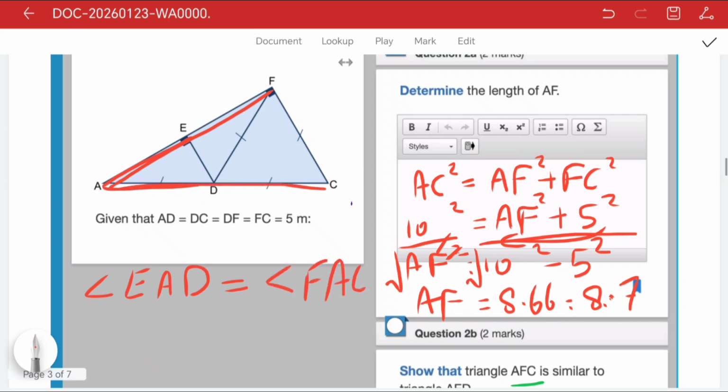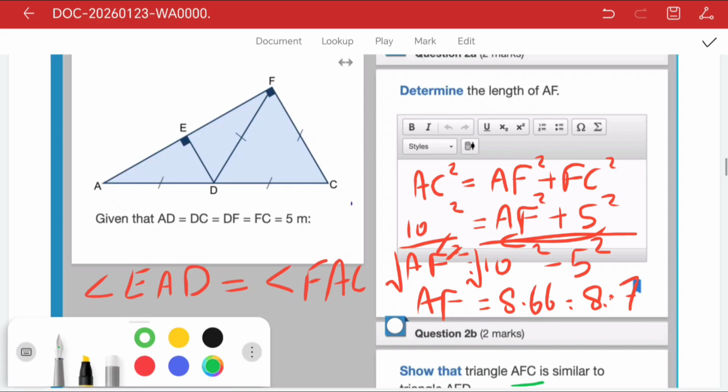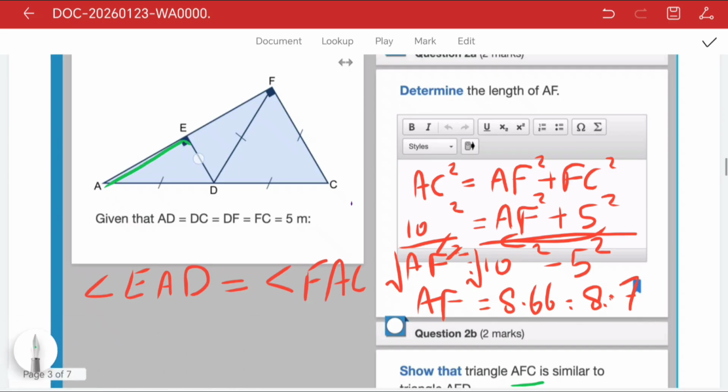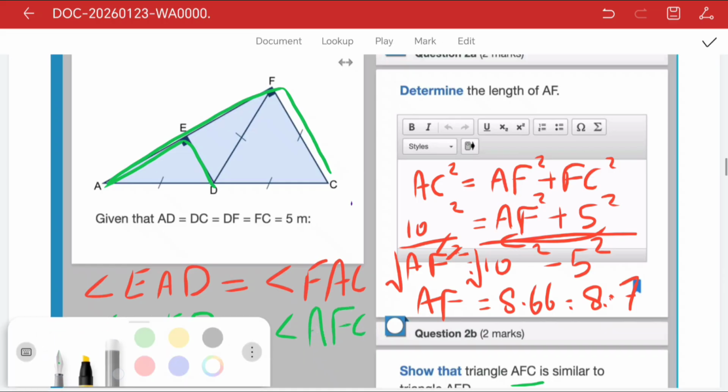First thing, this angle is common for both triangles. Another thing, we'll collect the evidence. Then you can see angle AED is a right angle, so angle AED equals angle AFC. So both are right angles, so similar.